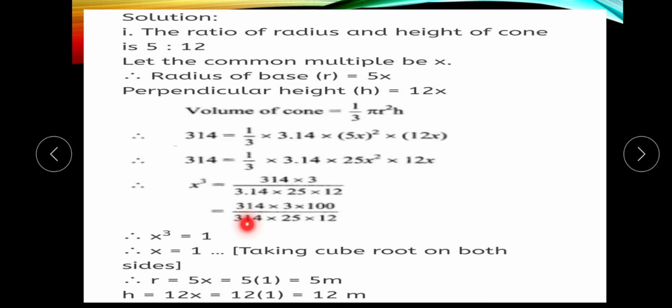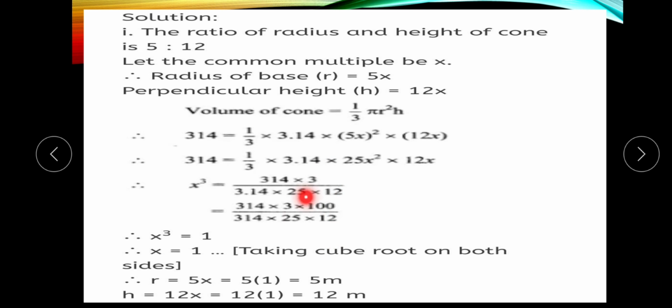314 ones are 314 will get. Then 3 ones are 3 and 3 fours are 12. 25 ones are 25, and when you reduce this, your 4 is remaining. 4 and 100, 4 and your 4 will get cancelled.